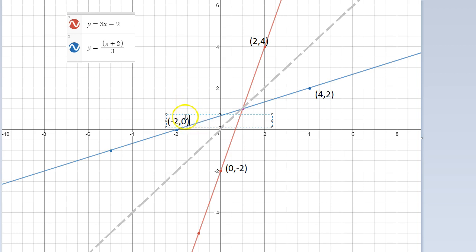Notice the coordinates of the points are interchanged. Thirdly, on the original function y equals 3x minus 2, we have a point on this line of (-1, -5). And on the inverse function, one of the points here is (-5, -1).